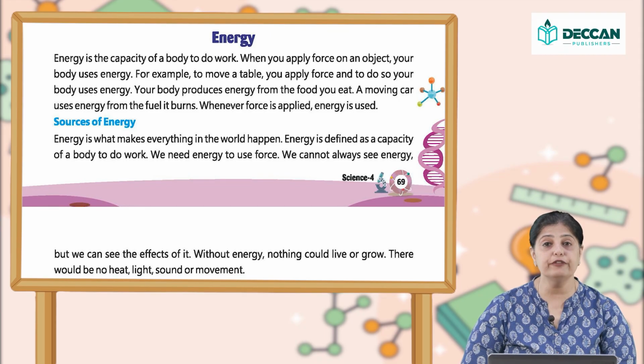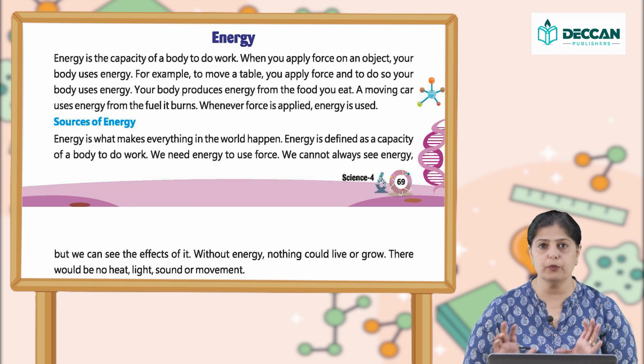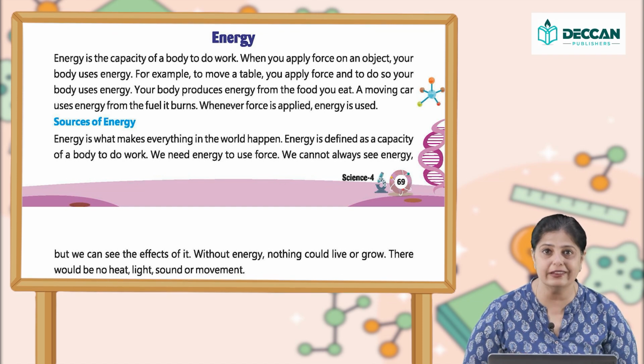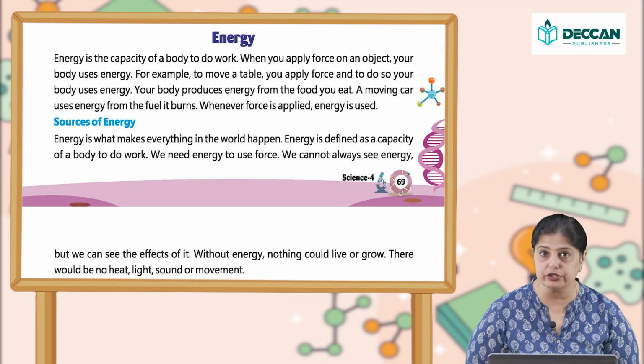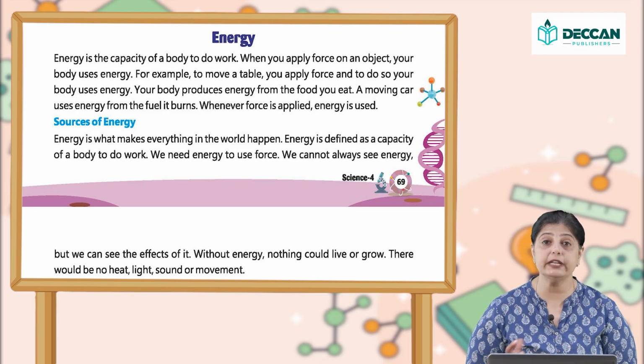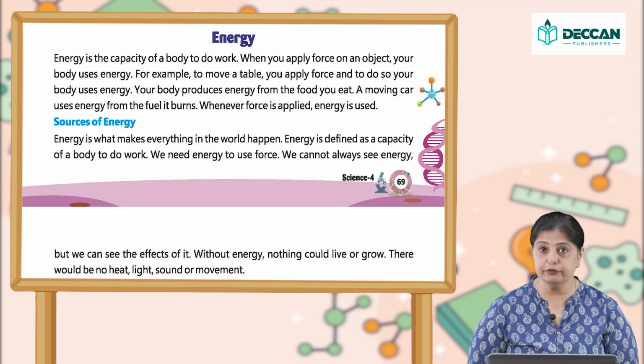When you apply force on an object, your body uses energy. Whenever you are pushing something, you are applying a lot of force and using a lot of energy. For example, in order to move a table, you apply force, and to do so, your body uses energy. So, how does your body produce energy?